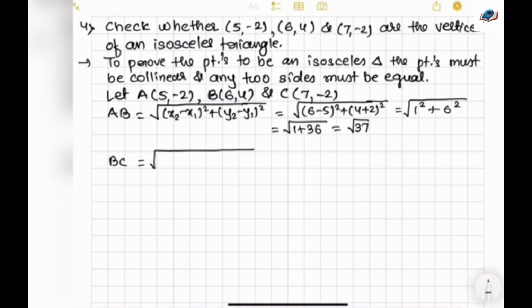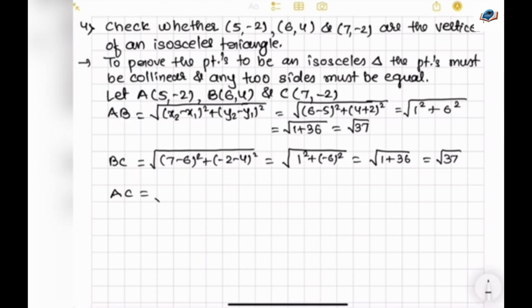Now let us take BC. So 7 minus 6 whole square plus minus 2 minus 4 whole square. So this also will be 1 square plus minus 6 whole square. 1 square will be 1 and minus 6 square will be 36. So that is coming as root 37.